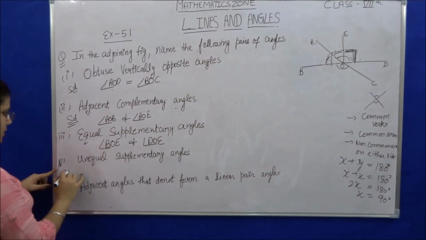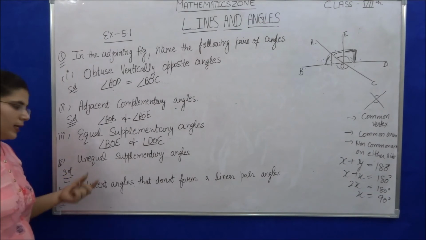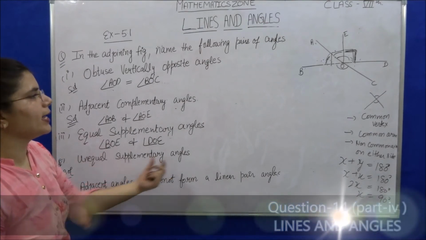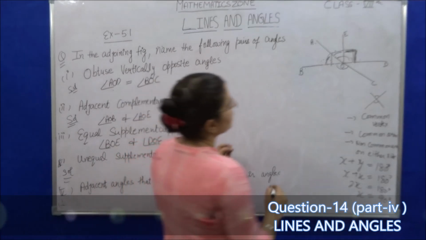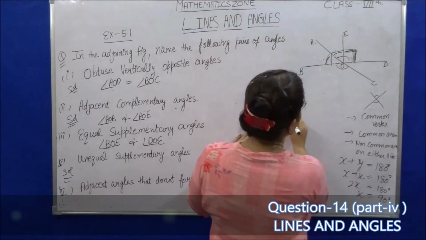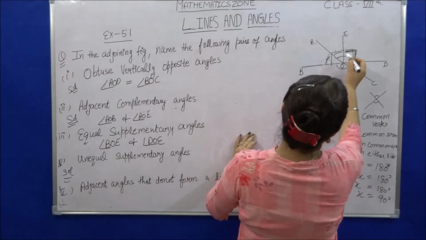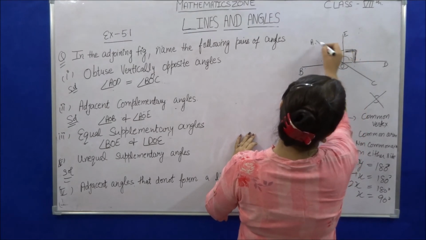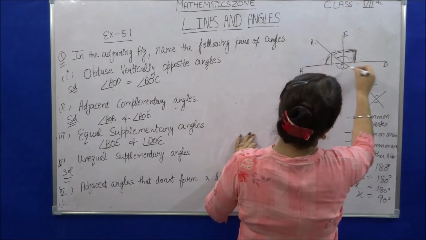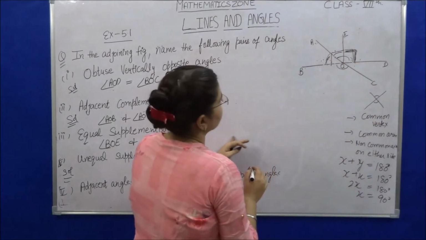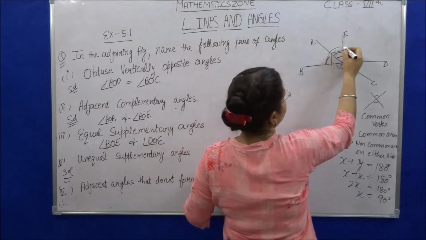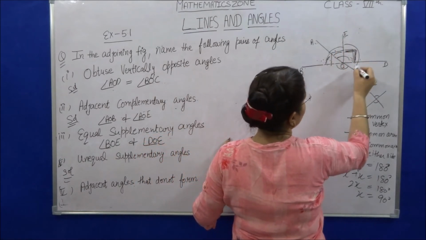The next part is the fourth part, unequal supplementary angles. So the unequal supplementary angles will be angle AOE and angle EOC, because this is an acute angle and this is an obtuse angle.